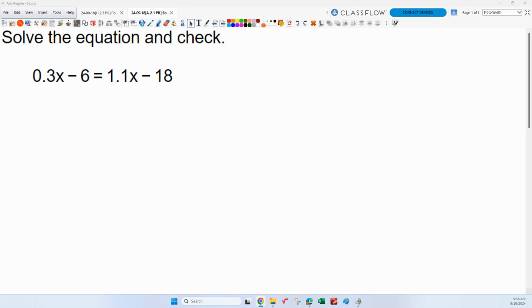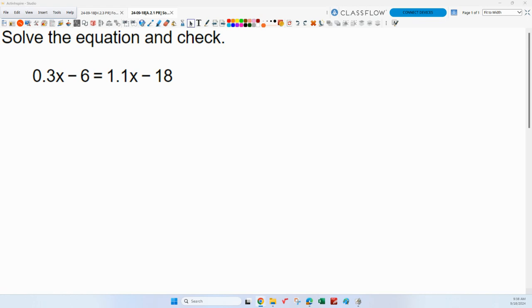If I have a decimal number, multiplying by 10 does what to the decimal? It moves the decimal one place to the right. Multiplying by 100 would move how many places to the right? 2. You just count the number of zeros in the base 10 number that you're multiplying, and that tells you how many places you move the decimal point.